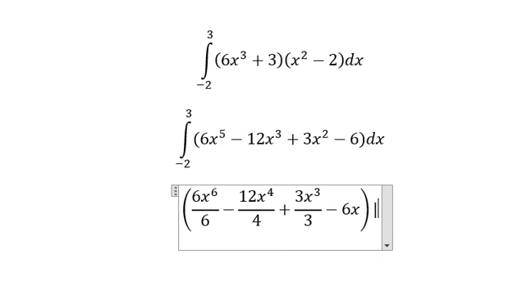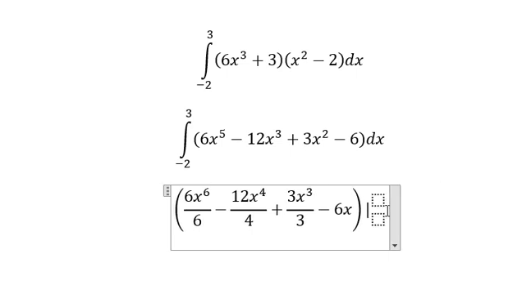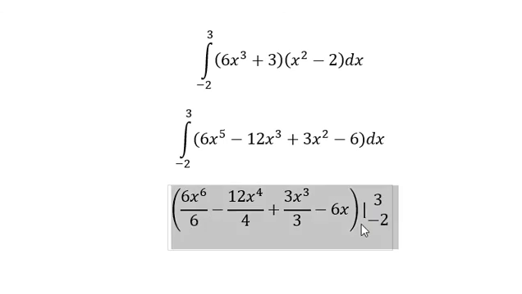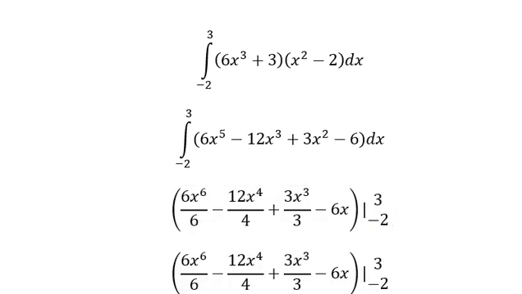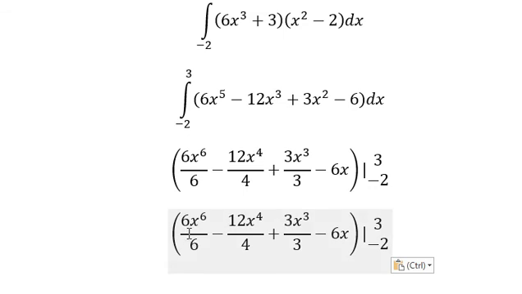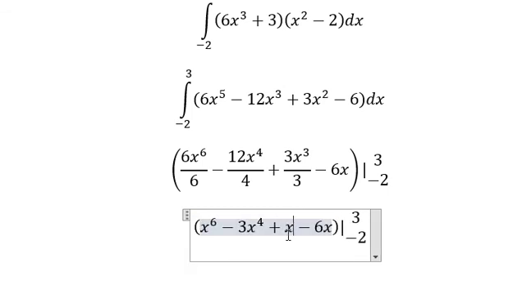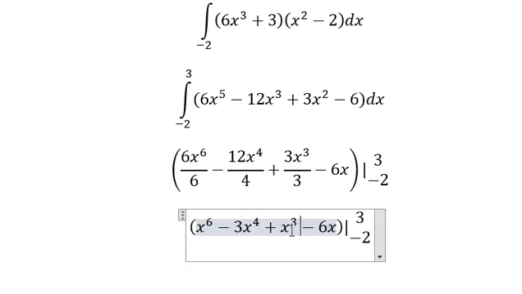And we put the boundaries from negative 2 to 3. Now we simplify. 3 we put in here, negative 2 we put in here. So we put 3 in here.